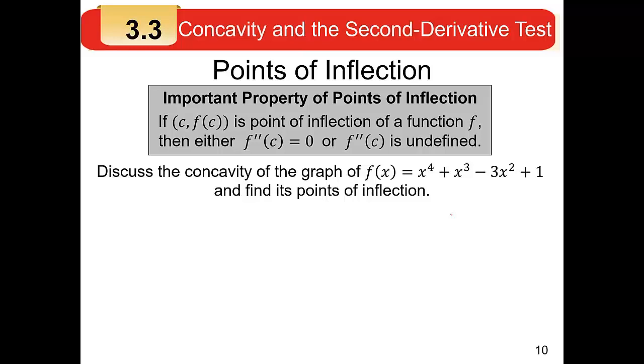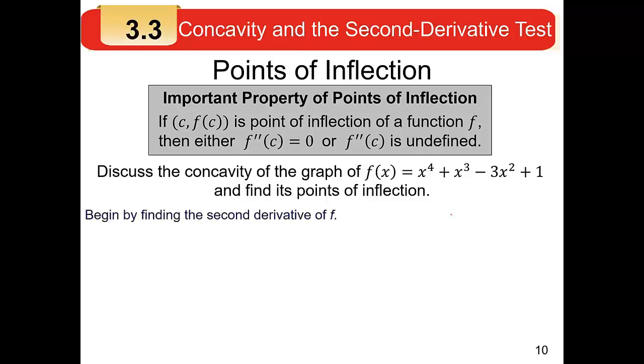There are no places where the second derivative is undefined. It's strictly a matter of things being equal to 0. The undefined part goes away because for a polynomial function, f and all its derivatives are defined on the whole real number line. It's only where they can be equal to 0 that you have to worry about.